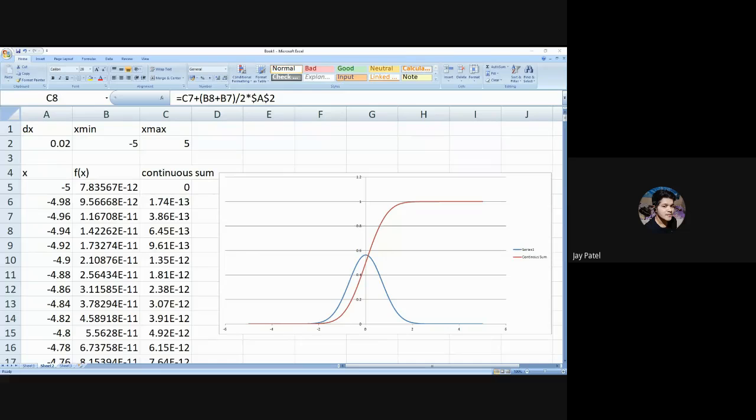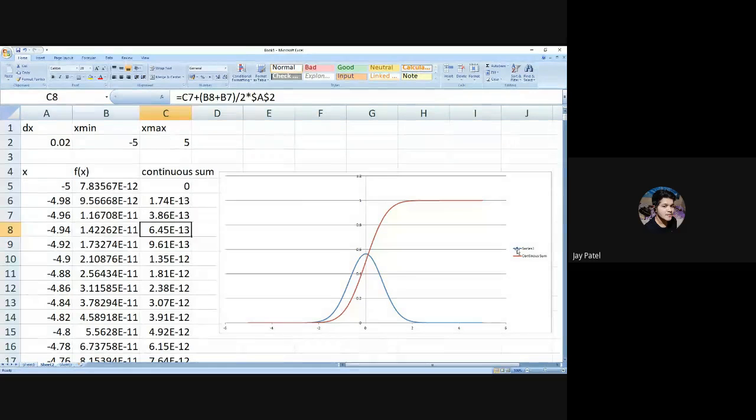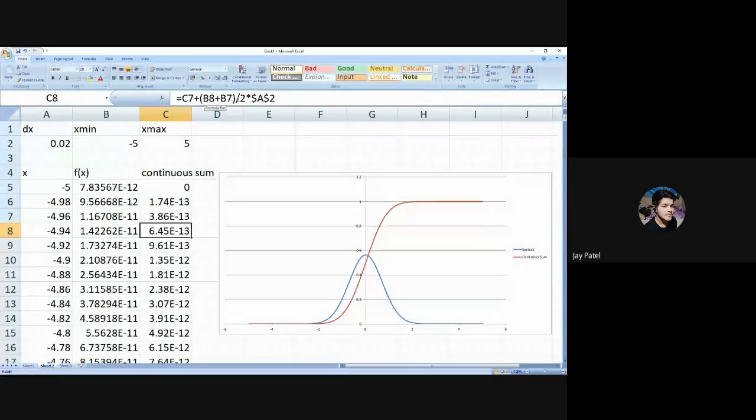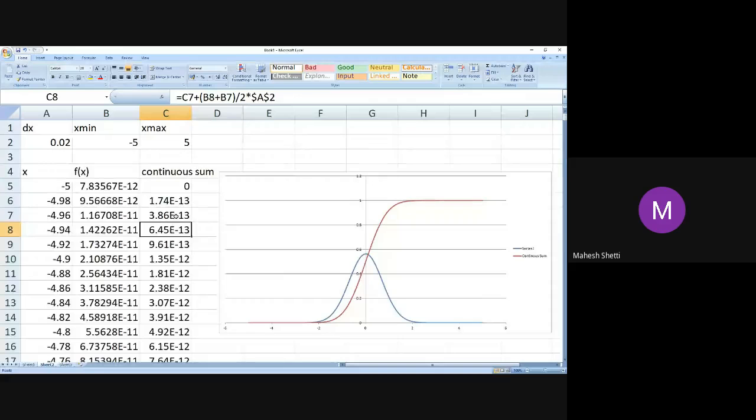Can you please explain, in the continuous sum formula, the dx term that you are multiplying? I'm not getting the formula after the division, after the average. You are talking about this formula that I have written? Yes. See, whatever sum I have calculated up to the earlier point, in that sum I have to add the next contribution. So I have to add the next column.